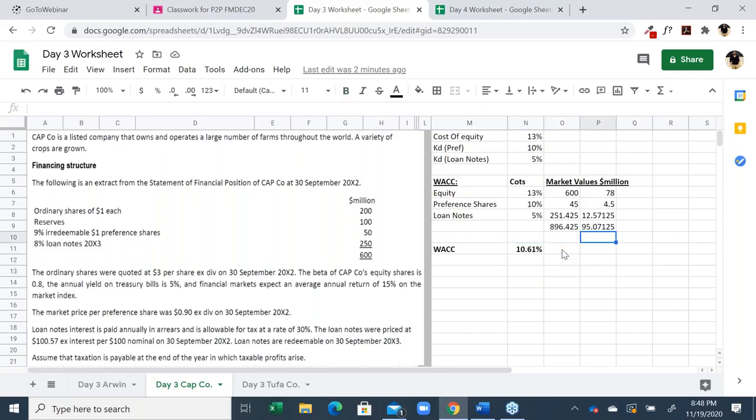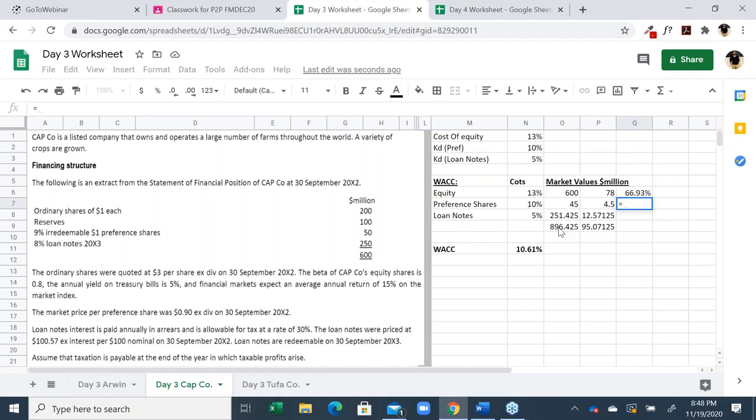So I need to calculate percentages, right? So what's the total value of equity? It's 600 out of the total investment of 896.425. So this is 66.93% of the total investment. The total value of equity is 66.93% of the total capital.